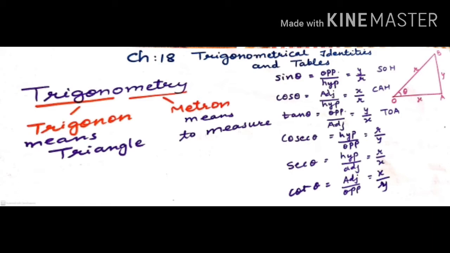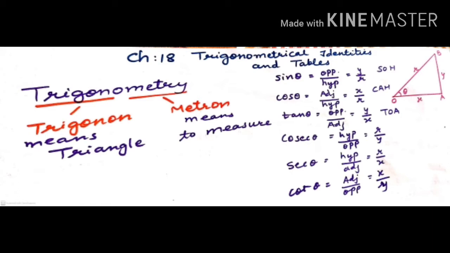Now the other three ratios are based on sine, cos and tan ratios, because we understand them as the reciprocal ratios of sine, cos and tan. Here cosec theta is equal to hypotenuse upon opposite. Once you remember sine, cos, tan, then you can write cosec as reciprocal of sine. You can check hypotenuse upon opposite is equal to r by y.